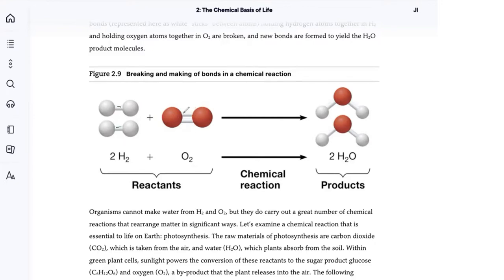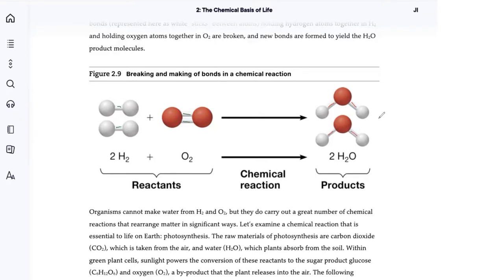With the oxygen, we've got a double covalent bond, 2 more bonds between the 2 atoms in that molecule, right? And at the very end, we have 2 molecules of water. We also have 4 covalent bonds involved. A bond between an oxygen and a hydrogen, and a bond between an oxygen and a hydrogen.